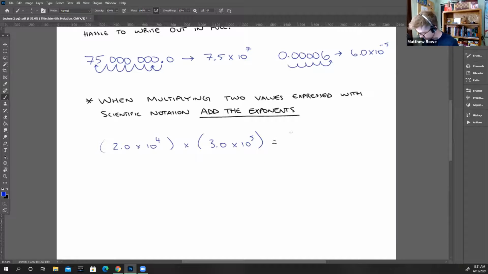In this case, I can multiply the values up front separately. It's going to be 6.0. And I will add the exponents. So this is 10 to the 4th, that's 10 to the 5th, I'm going to add these. So now we have 6 times 10 to the 9th power. It's much easier, and I could do it in my head without having to write 9 zeros down for the answer.